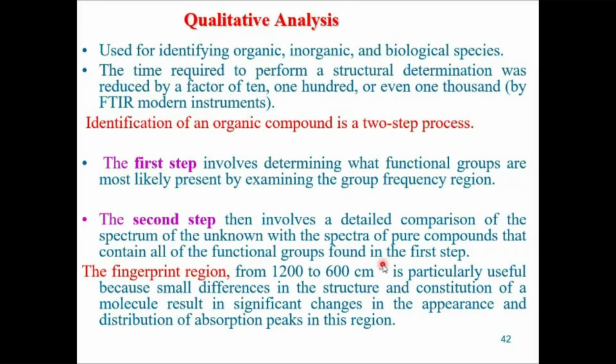So the second step is detailed analysis. The fingerprint region, which extends from 1200 to 600 centimeters inverse, is particularly useful because small differences in the structure and constitution of the molecule result in significant change in the appearance of the absorption spectra in this region.